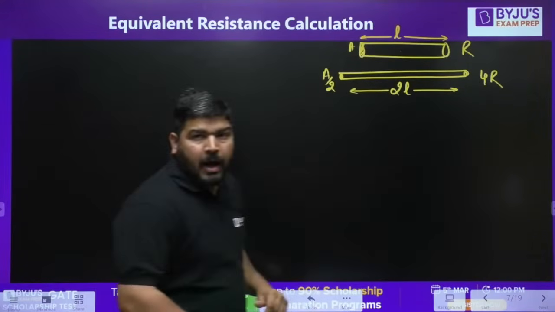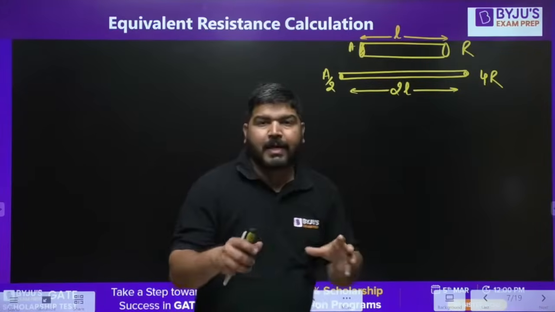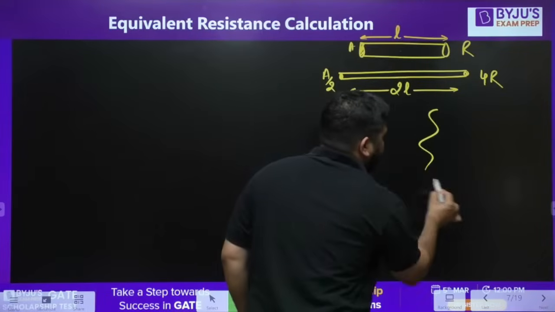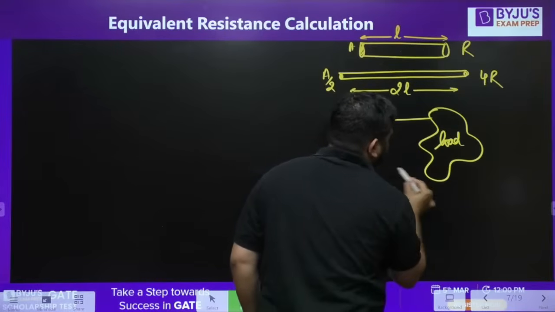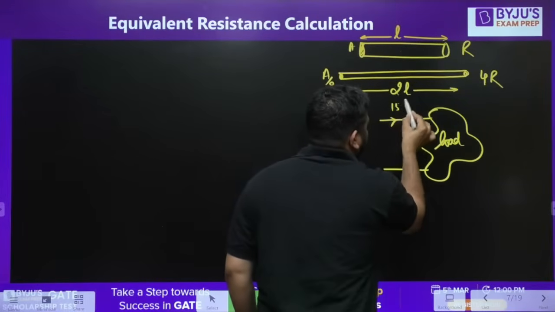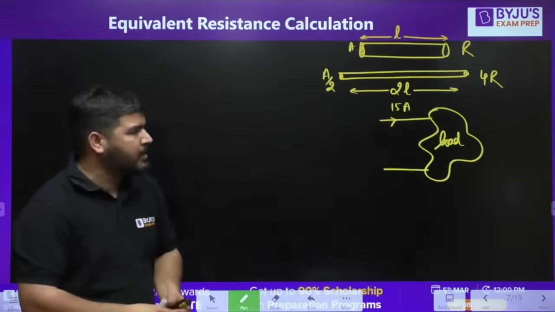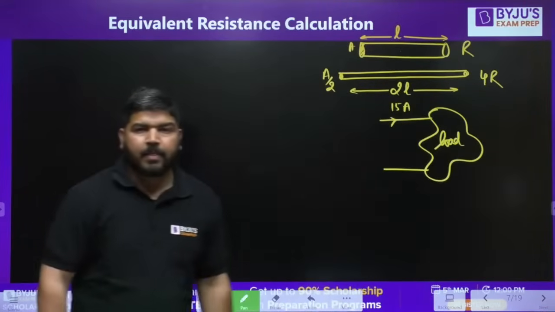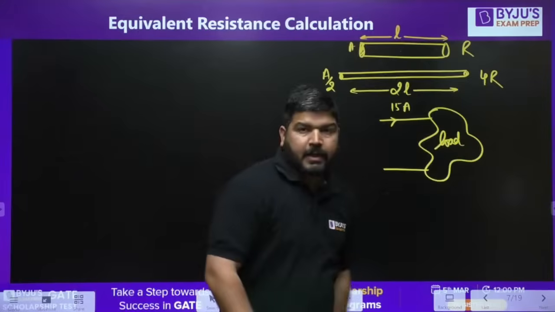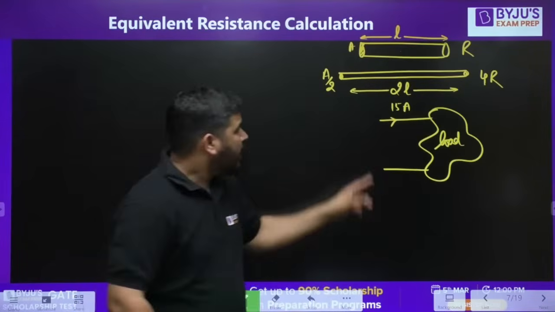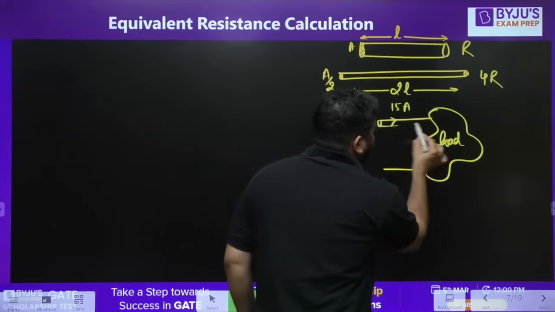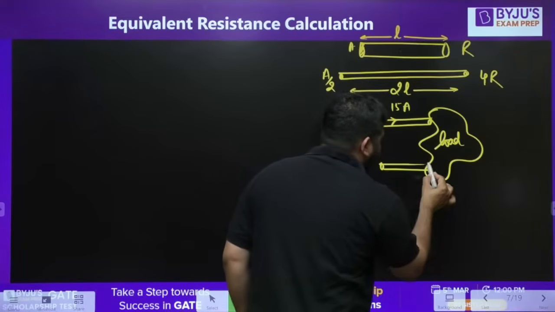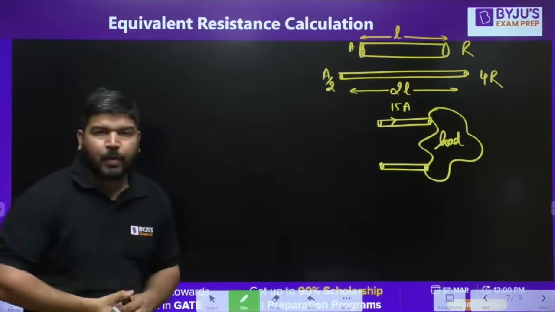Now I told you that if there is a load that demands a high amount of current, let's say 15 ampere, let's say this load is an AC, air conditioner, it demands a high amount of current. So the connecting wire should be of large cross section area. Why?